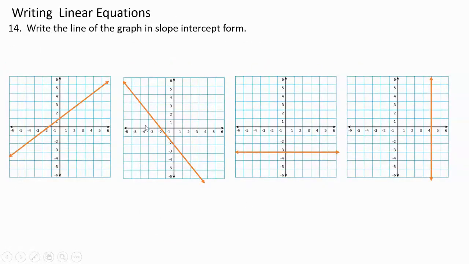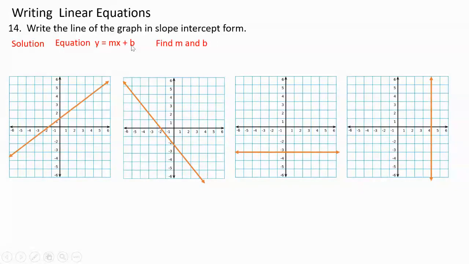Okay, now this is number 14. On number 14, they want us to find the equation of the line of the graphs in slope-intercept form. So they want us to write the equation of the line with just a line given. They don't give us any points. So this is how it's done. We want the equation in the form y equals mx plus b, which is slope-intercept form.